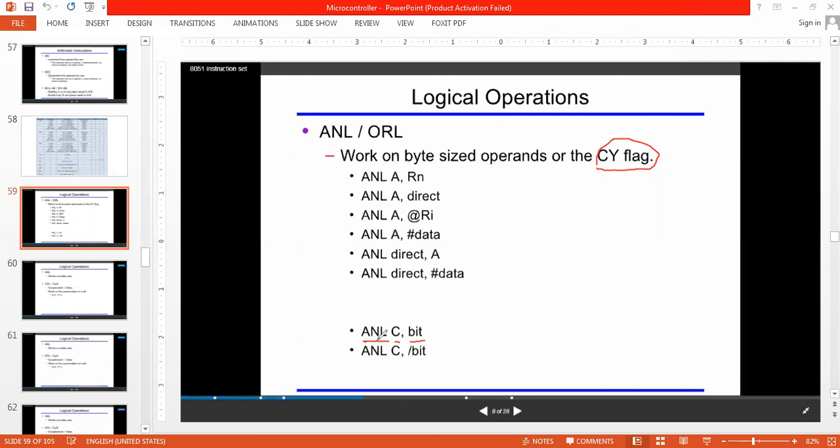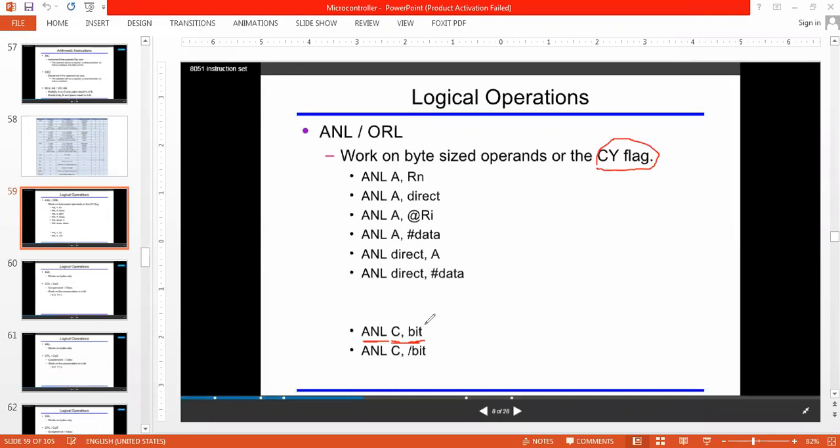Basically, this is used for resetting purposes, or else I can check whether the bit is set or not.